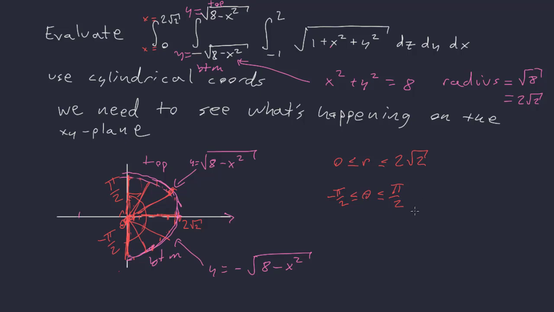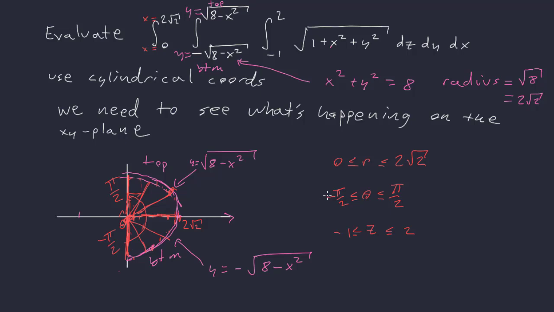Perfect. And thankfully, the z limits don't change, right? So that's the nice thing about cylindrical coordinates. If you know polar coordinates, you already know cylindrical coordinates. Okay, so now I think we're ready to translate this into a cylindrical integral.